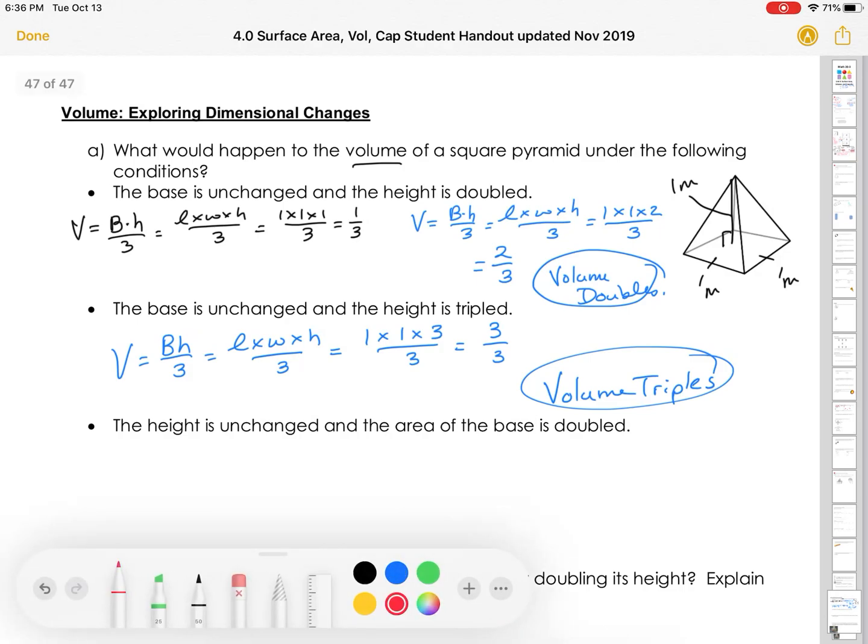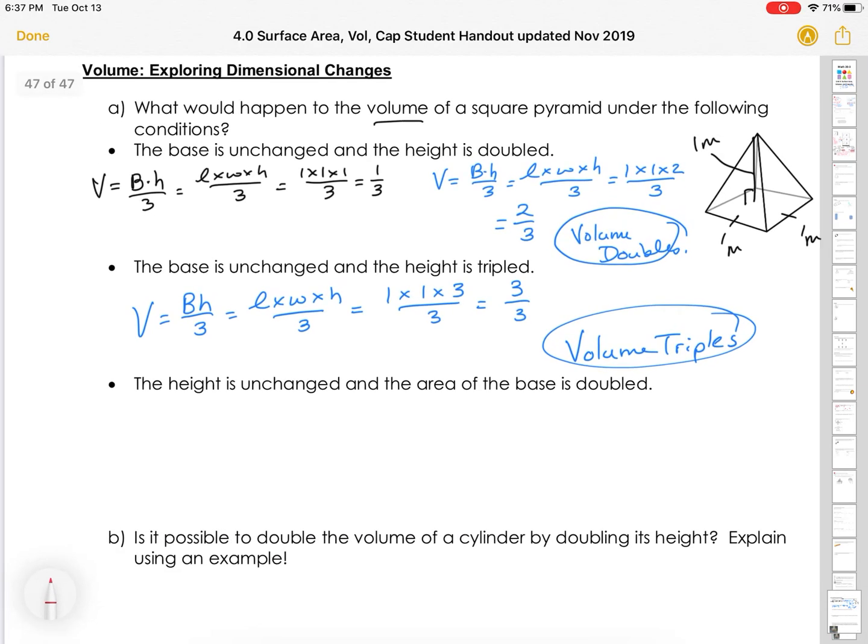Now what happens if the height is unchanged and the area of the base is doubled? So volume is equal to base times height over 3. Now when we had 1 times 1, our area was 1. Now if we're going to double that, we want an area of 2.